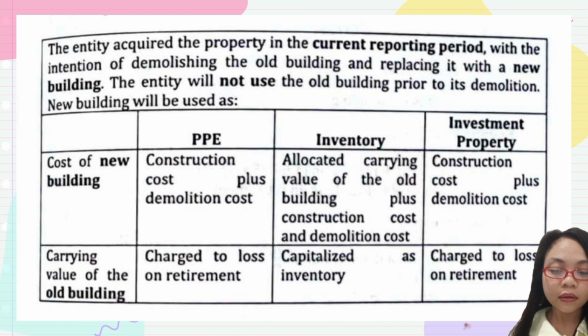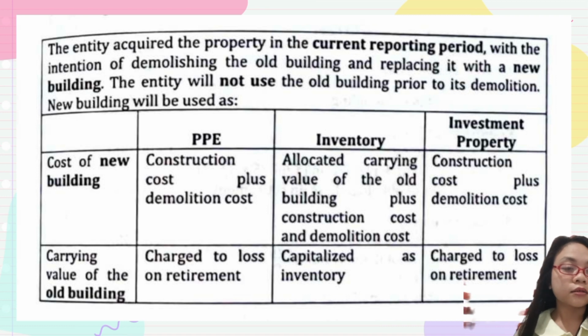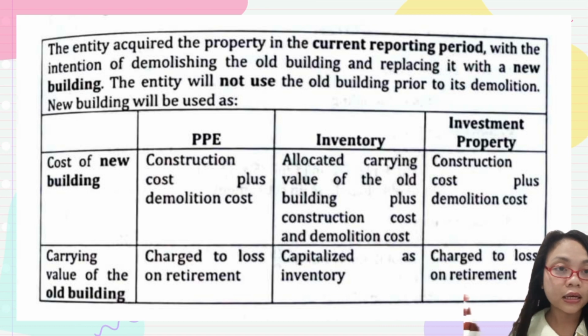And it is treated as a loss in the company's financial statements. So, the carrying value of the old building, if the new building will be used as inventory, is capitalized as inventory. Meaning, it becomes part of your inventory cost, since you capitalized the old building as part of your inventory.